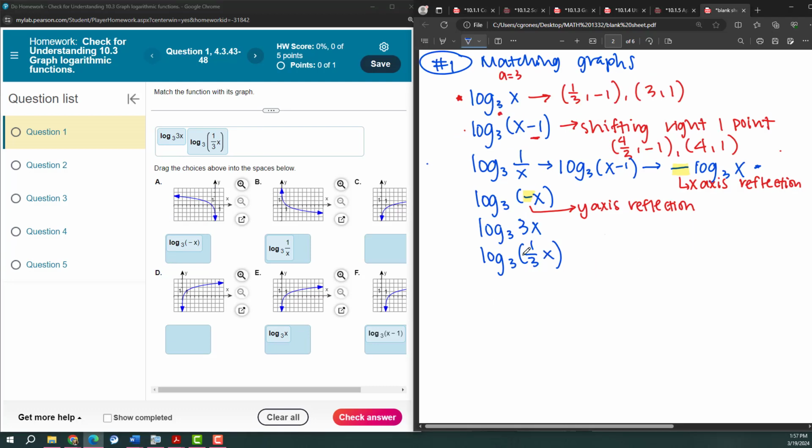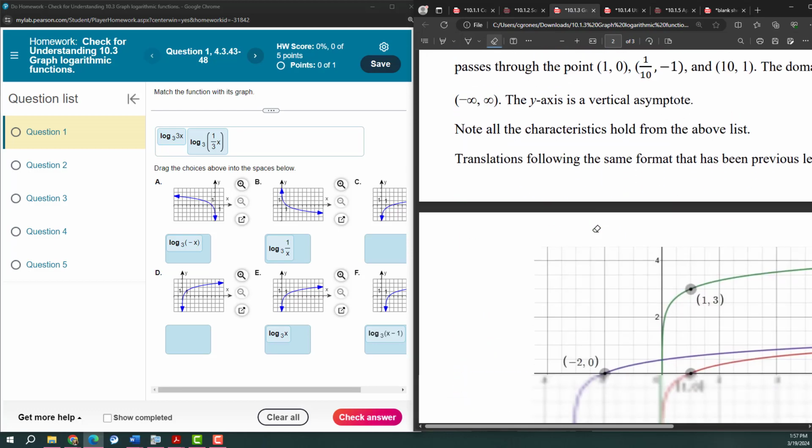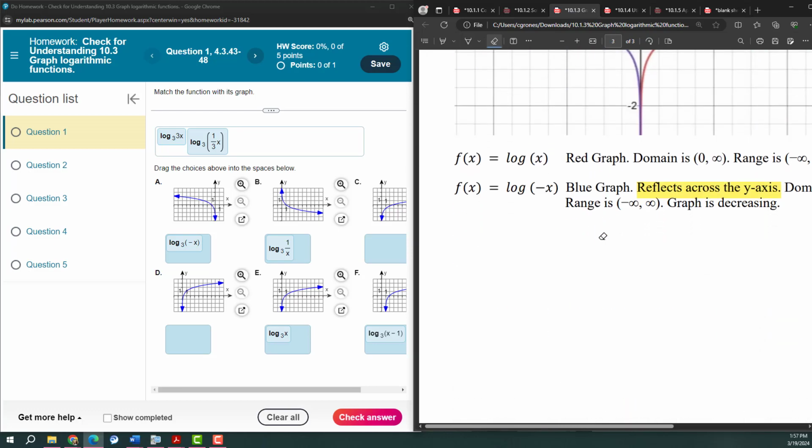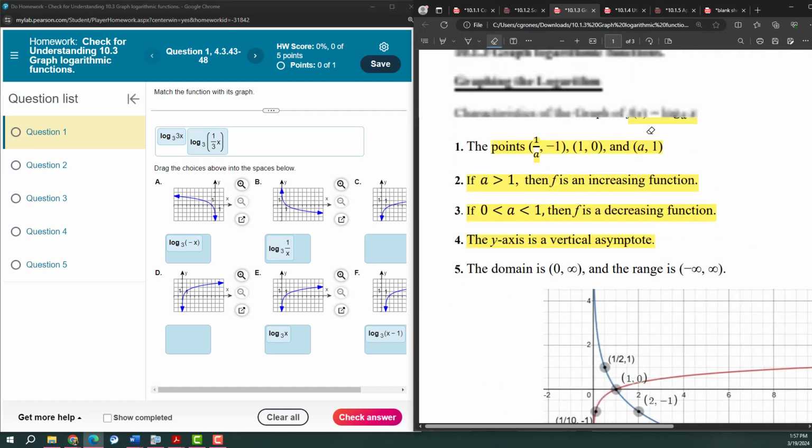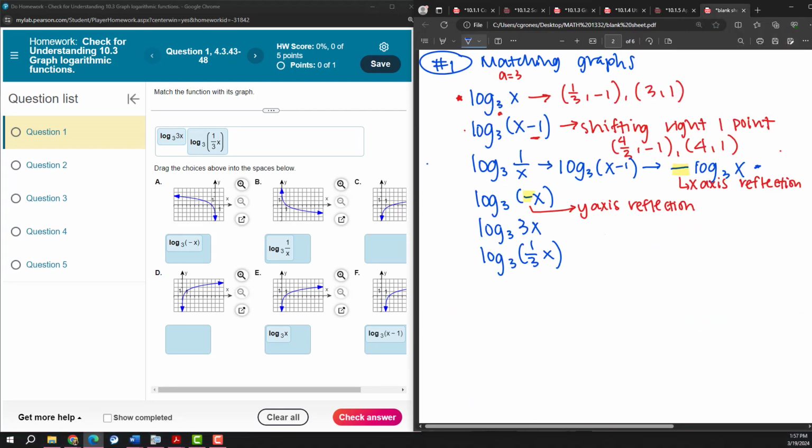So both of these are going to be either a stretch or a shrink. Now, I don't think it says it in the notes. It doesn't have this in the notes for some reason. But the 3x, when you're multiplying 3 times x, it is going to be a stretch.